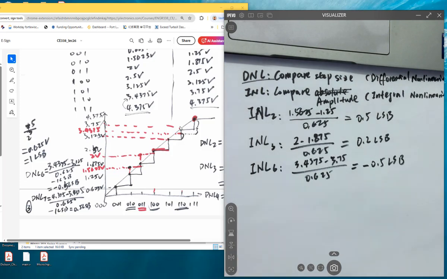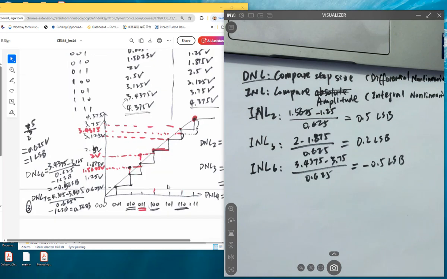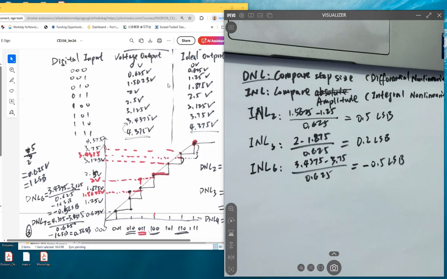Now let's come back and look at this one. Because it's comparing the amplitude, of course whenever you see a voltage which is not equal to the ideal value, there should be an INL. So there should be an INL for 3, and we already did it. So what about this one? 4. Oh, 4 is 2.5 and 2.5, so there's no INL for 4. Okay, for all of them, it's fine.